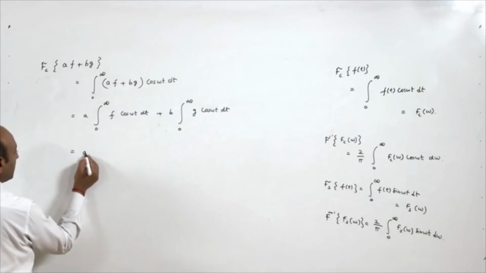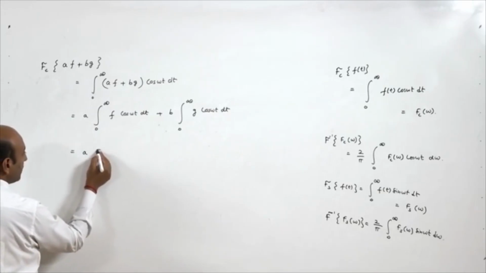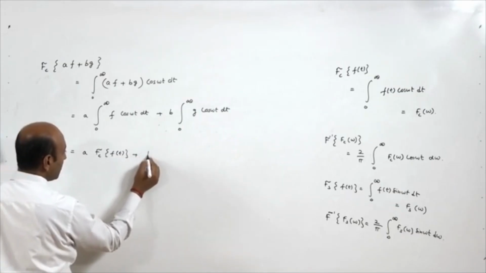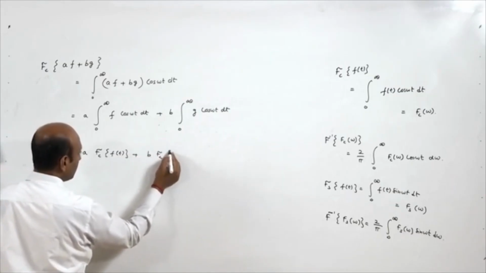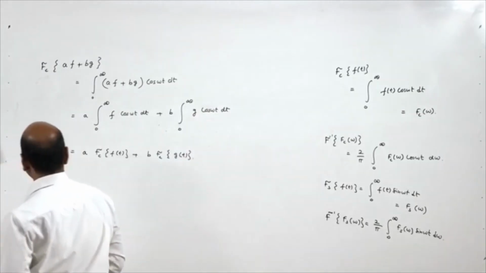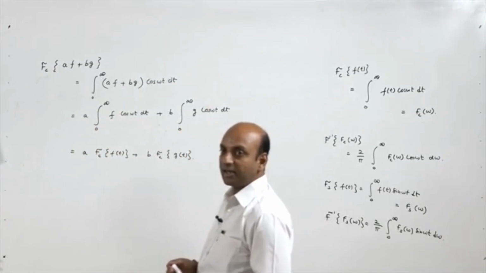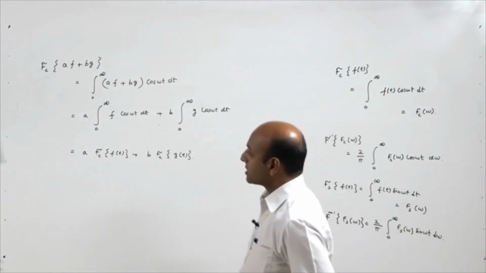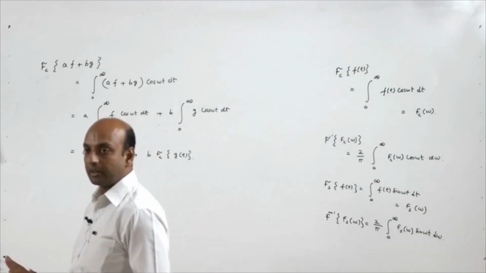This is nothing but a times Fc of f(t) plus b times Fc of g(t). Hence the Fourier cosine transform satisfies the linearity property. Similarly, we can show that the Fourier sine transform also satisfies the linearity property.